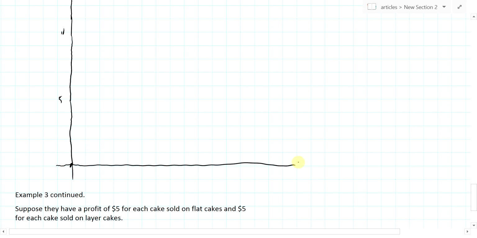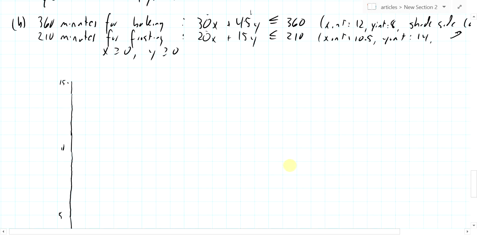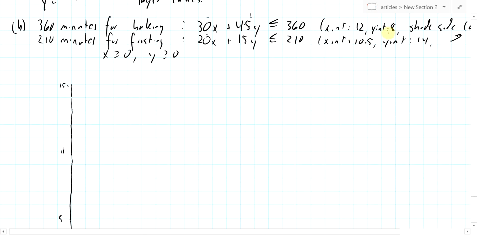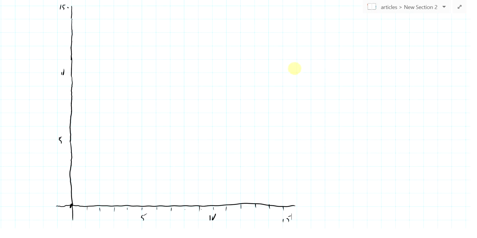And our x-intercepts were 10.5, so this must be 10, 11, 12, 13, 14, 15. Okay, so this line is x-intercept 12, y-intercept 8, so 12 and 8.